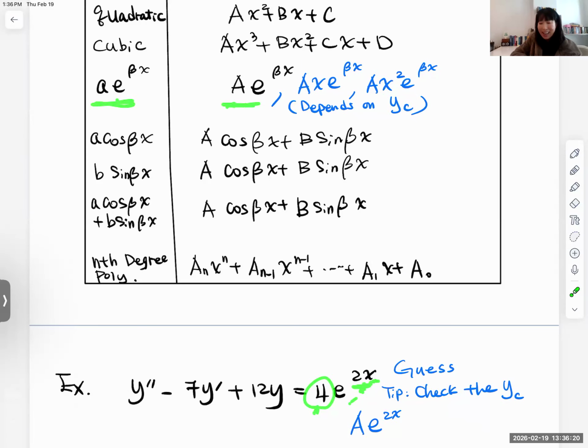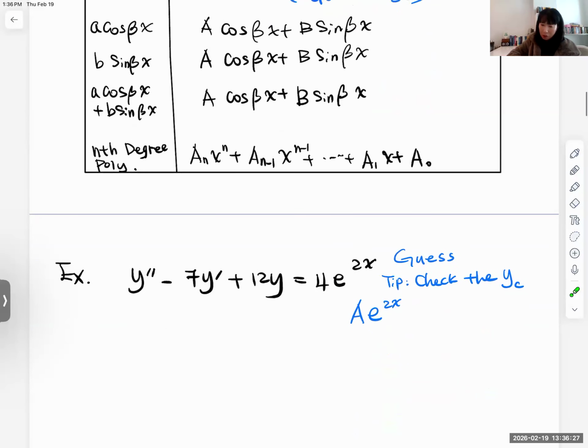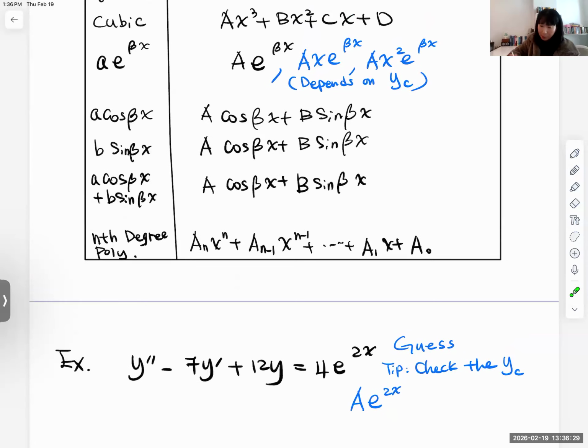We can guess A e to the beta x. In that case, beta equals 2, so we are using A e to the 2x. Make sense?